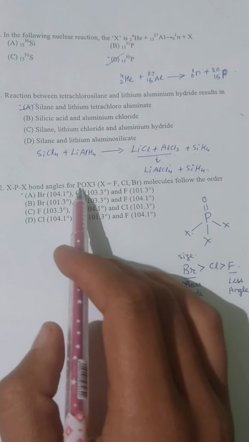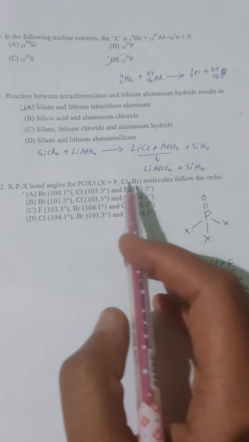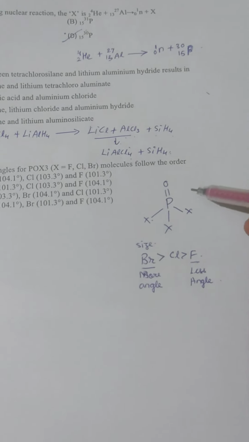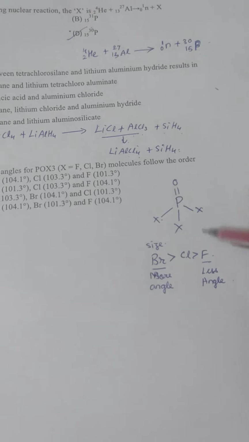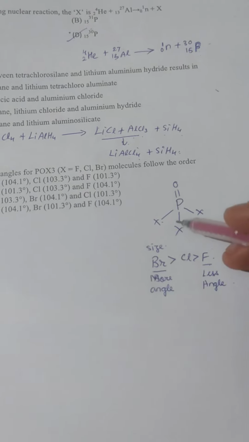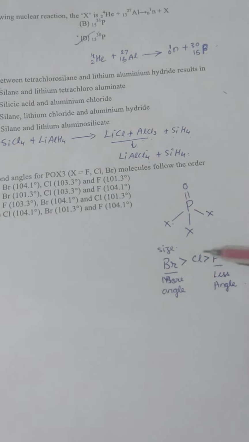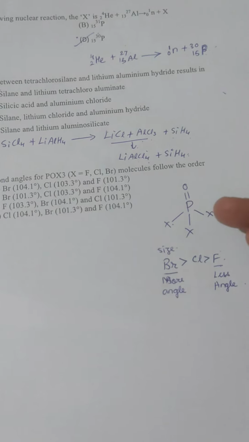The X-P-X bond angle in POX3, where X is chlorine, fluorine, or bromine, is in the order. So this is the structure of the compound. Whenever two bulky groups are in a nearby place, it will be difficult, and they will move far away from each other.